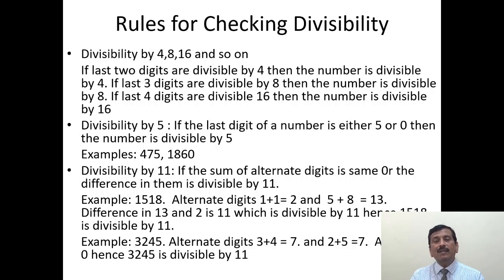In most of the aptitude examinations, the handling of numbers is up to 3, 4 or maximum 5-digit numbers. So if you try to calculate the divisibility by 7 up to 5-digit numbers, perhaps actually checking the divisibility is faster than trying to apply the rule. Hence we'll skip the rule for divisibility by 7.